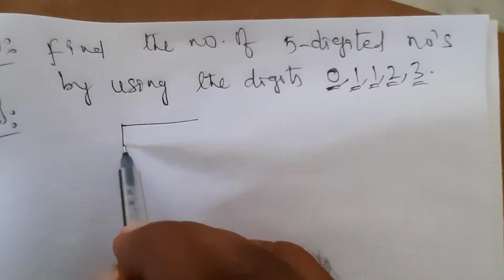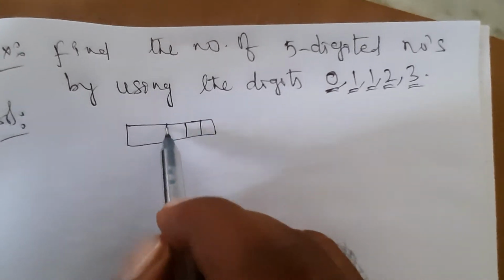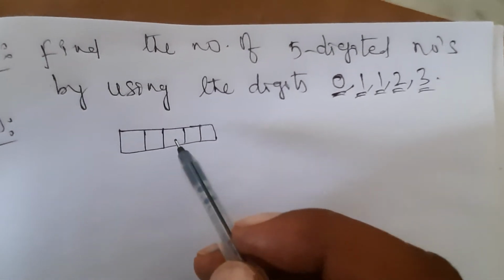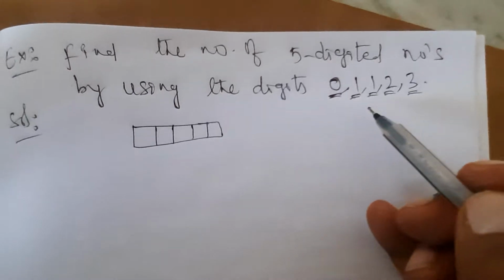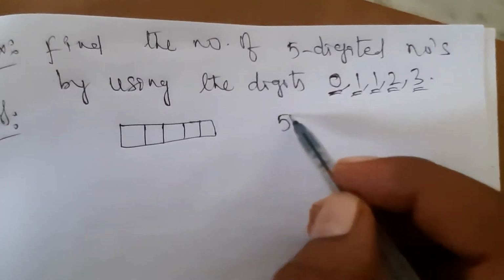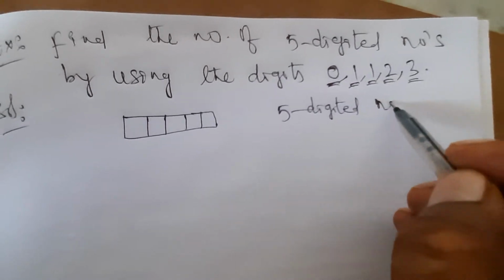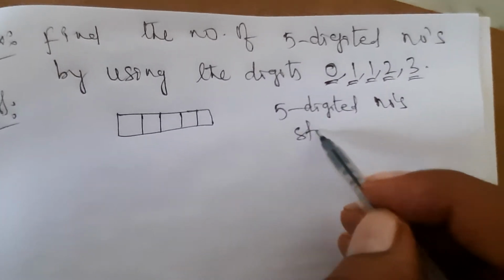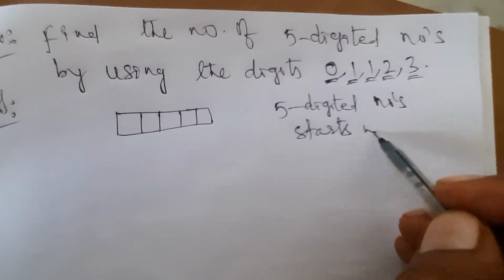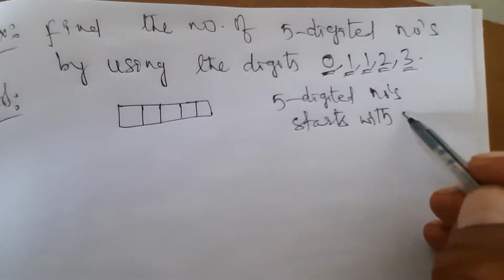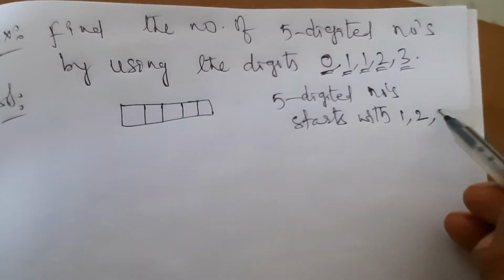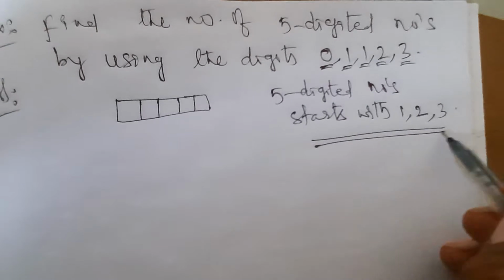So for 5-digit numbers, 1, 2, 3, 4, 5 gaps I can take. Now here if you observe, our total 5-digit numbers, what is the possibility here? Starts with maybe 1 or 2 or 3. This is the classification only now.